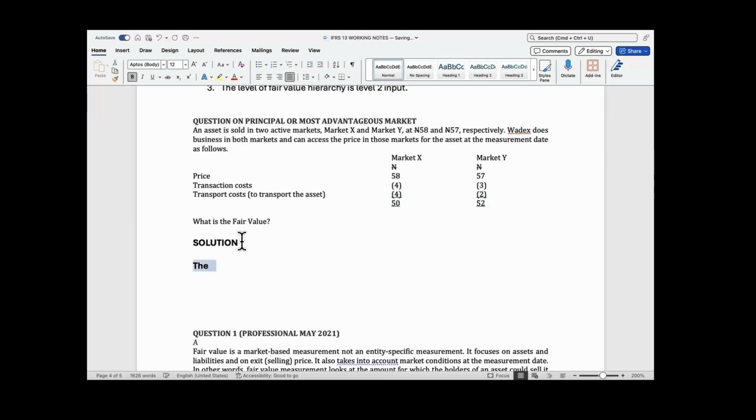So the fair value here is the selling price in the principal market, after making adjustments for transport costs.